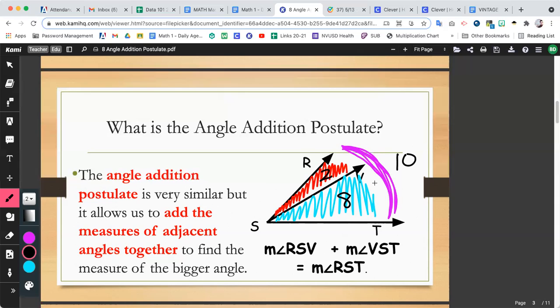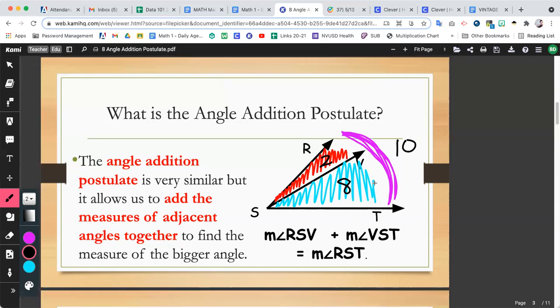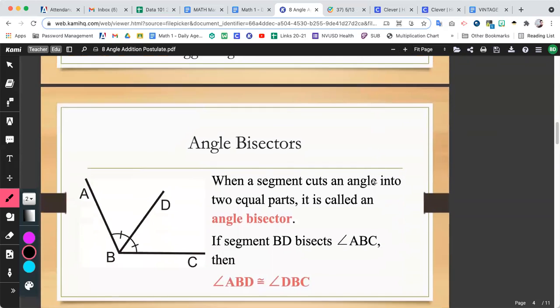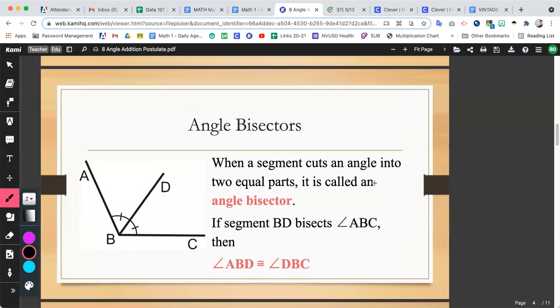Okay, so we're going to jump into some examples, but before that, we do have one definition. Angle bisector. Without looking up at the screen, even though you're all looking at it, do you remember what a bisector is? Anyone remember off the top of their head, bisector? So a bisector means it cuts something in half. To bisect something is to cut it in half.